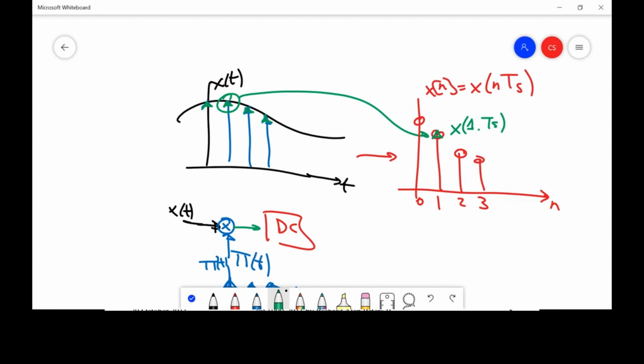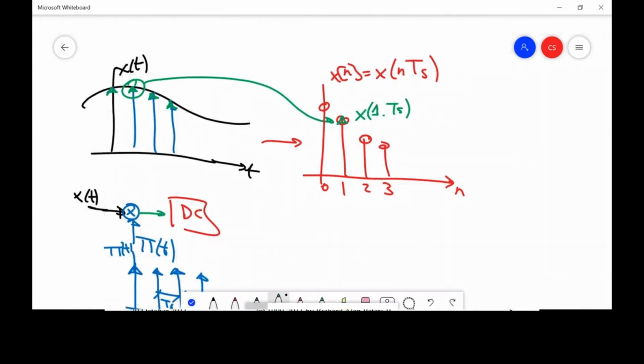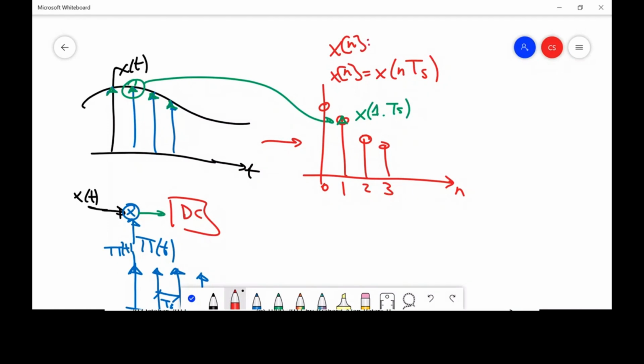How many bits? At the moment we are at a continuous level. So you know a signal is a function. This function goes from a set to another, and this one is continuous, that one is continuous.